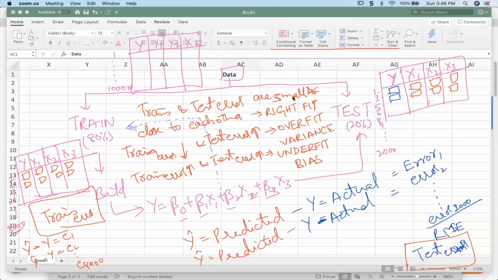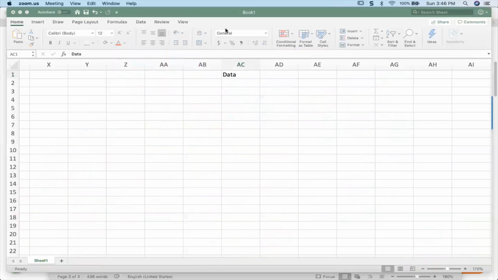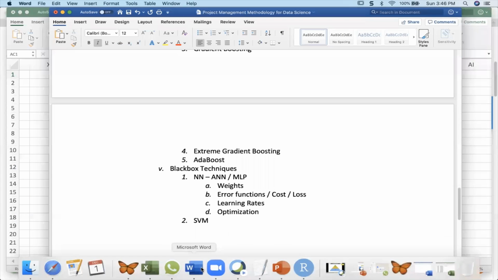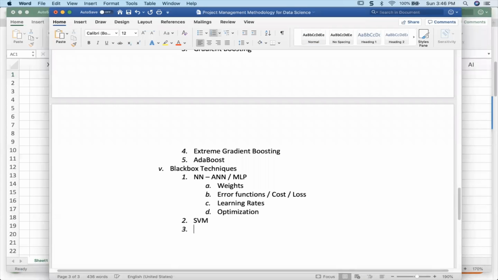Okay. This logic holds true no matter which machine learning algorithm you speak about. Simple. Okay, so split the data into training and testing.